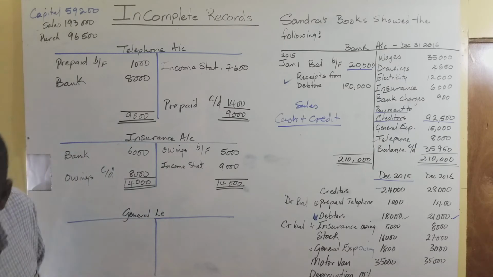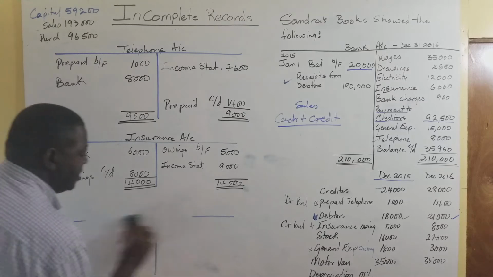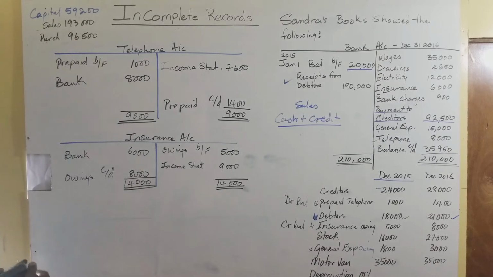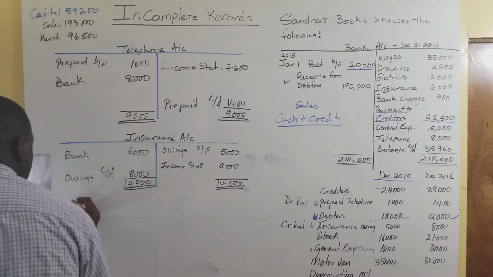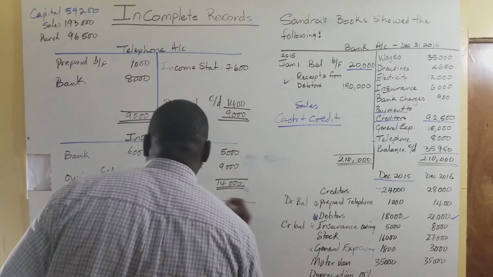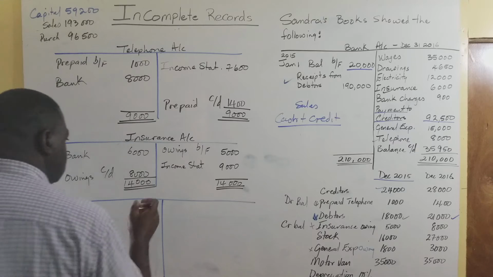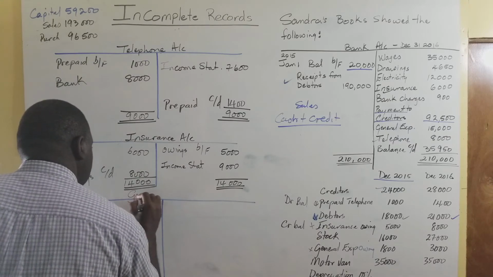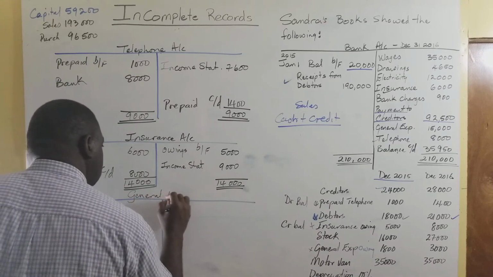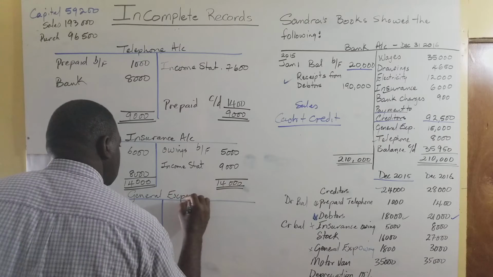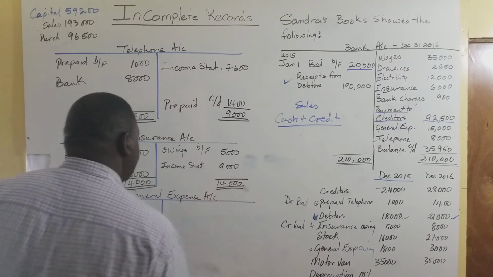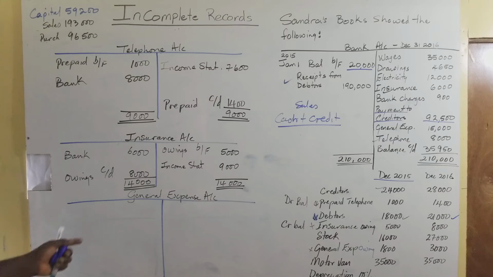I am going to do an adjustment here quickly to bring it up a little more. So the general expense account, we're going to do the same procedure.